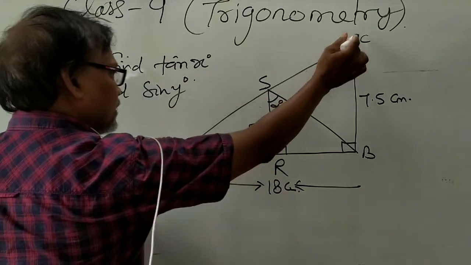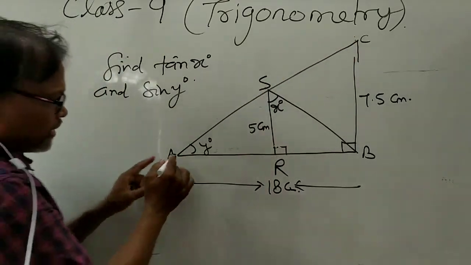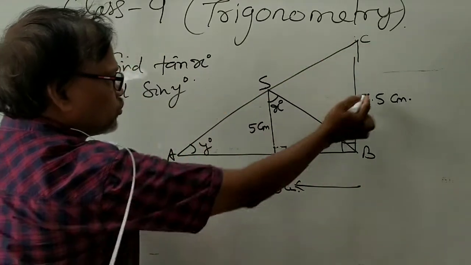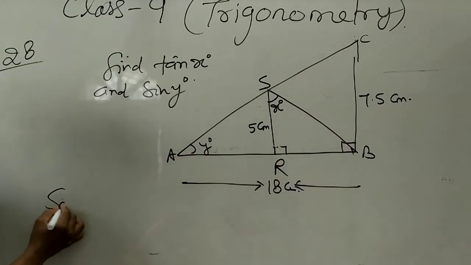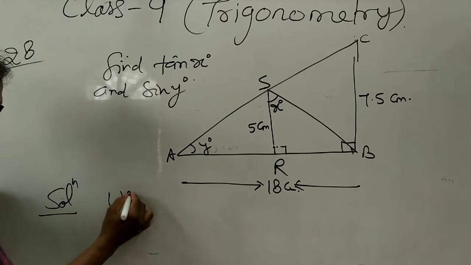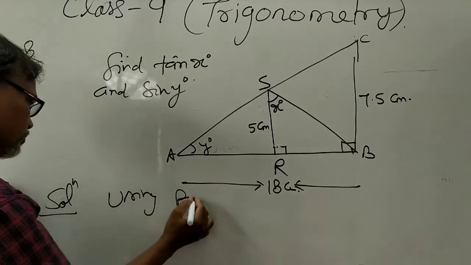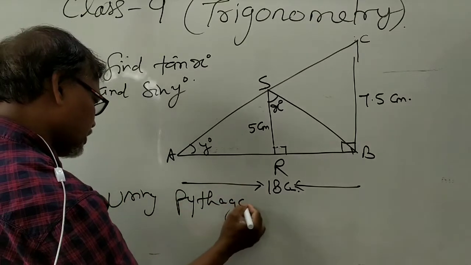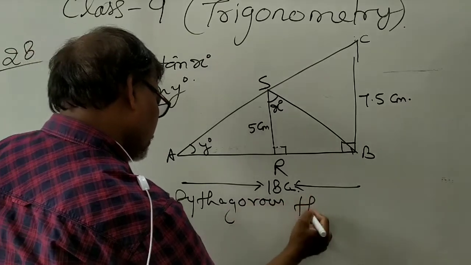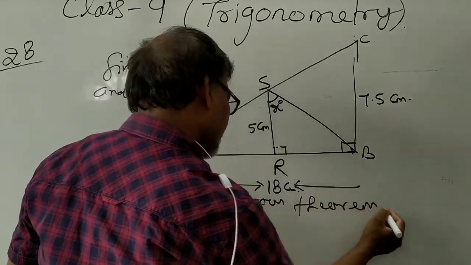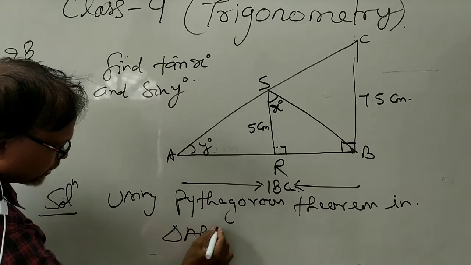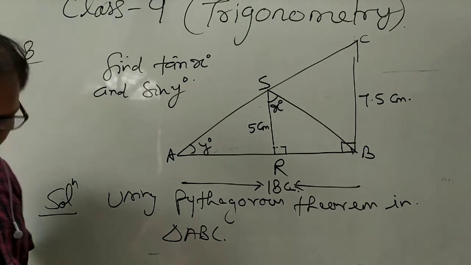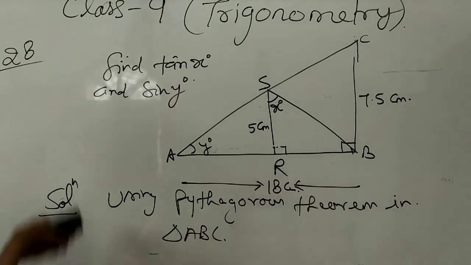सबसे पहले AC निकालें. Because in the triangle ABC the 2 sides are given and this is a right angle triangle. So using Pythagoras theorem in triangle ABC, find the value of AC.